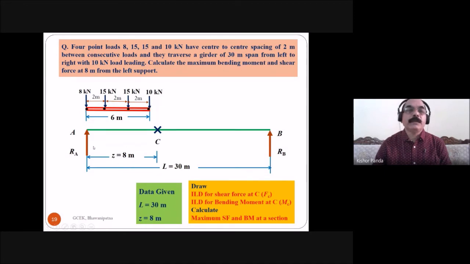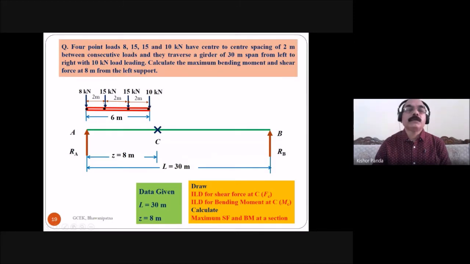So here the length of the simply supported beam is given as 30 meters, and you have to find out the maximum bending moment and maximum shear force at a distance of 8 meters from the support A. And this train of concentrated loads is given: 8 kilonewton, 15 kilonewton, 15 kilonewton, 10 kilonewton, 4 loads.